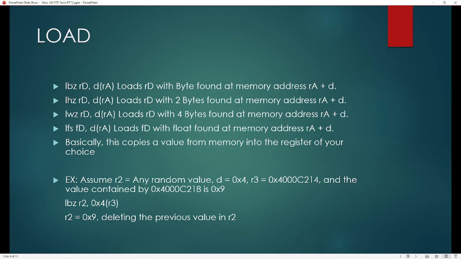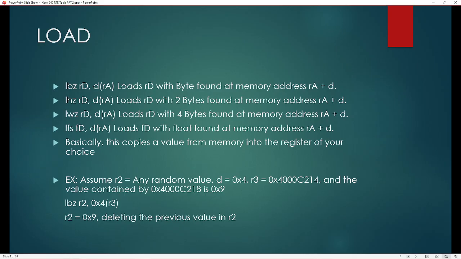So this is going to take the value contained by this memory address, which is 0x9, and store it in R2. R2 now equals 0x9, the same thing that it did in memory. And the previous value in R2 is gone now. You're not going to be able to find it.